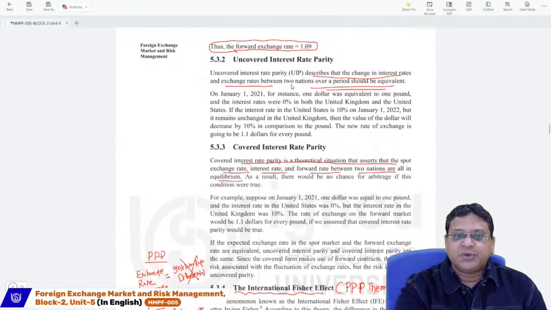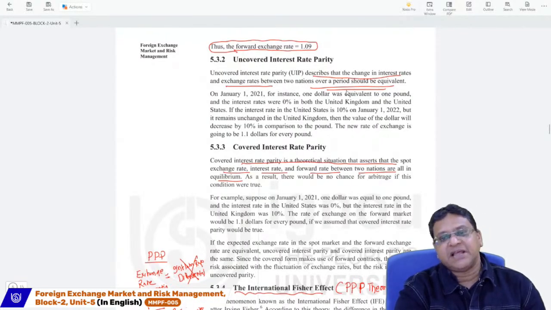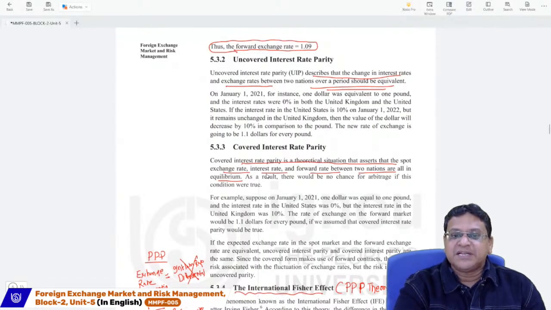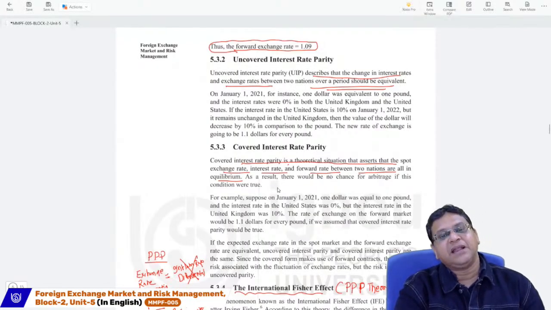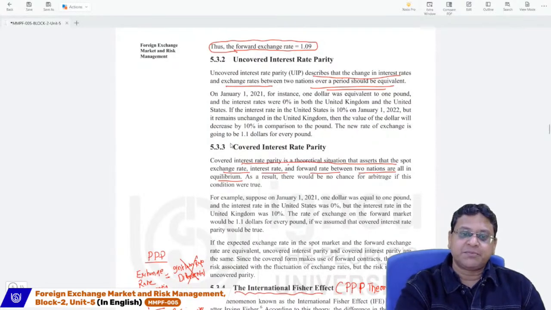So there are two things. Uncovered IRP tells about interest rate differential and exchange rate differential. Covered IRP tells about interest rate differential, exchange rate differential, and forward rate differential. All these three should be equal. That is the concept of covered interest rate parity.